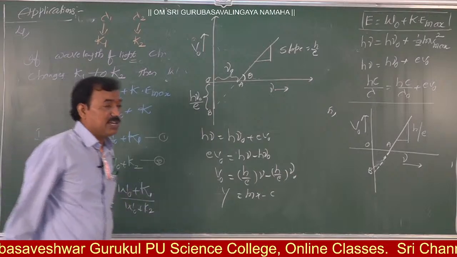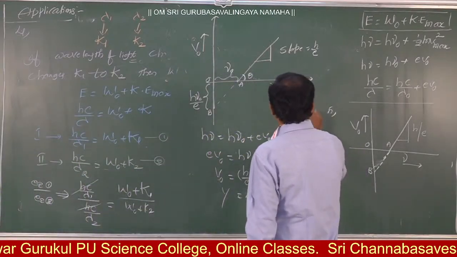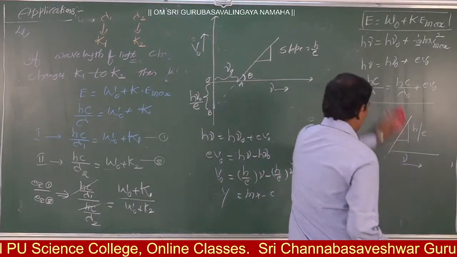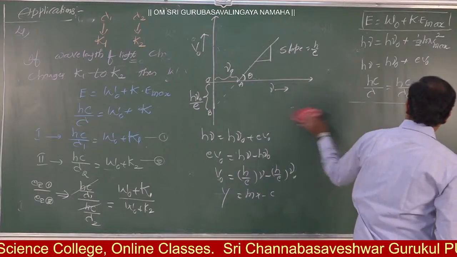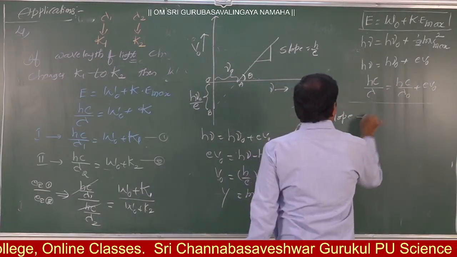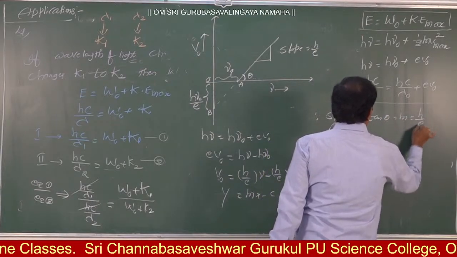In this case, the first point: slope is equal to h by e. The slope is equal to tan theta, which is m, and this value is h by e.